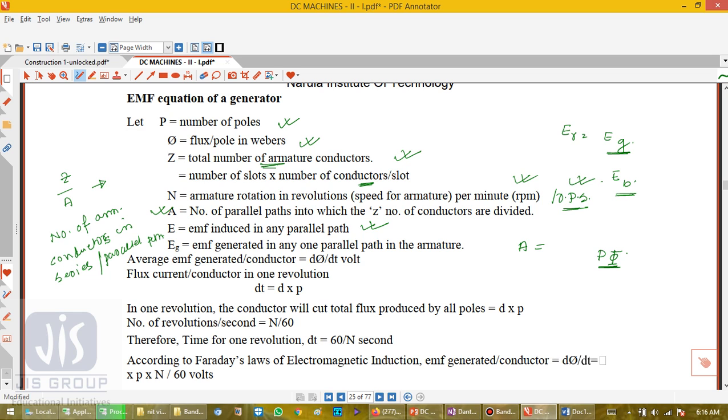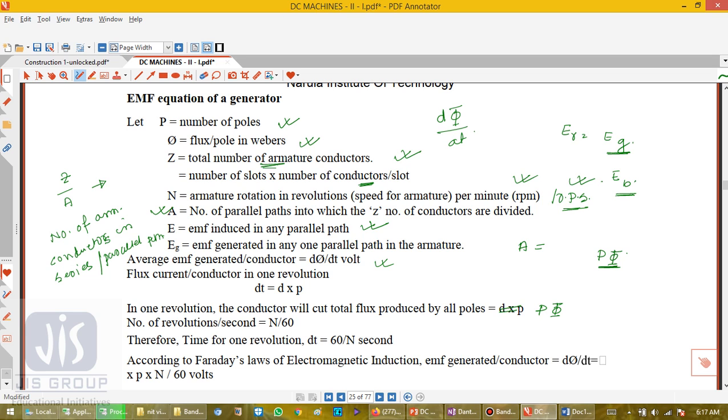Now the generated voltage per conductor. We know from Faraday's law, d phi by dt is the average EMF generated per conductor. We have already found the flux cut is P phi in one revolution.